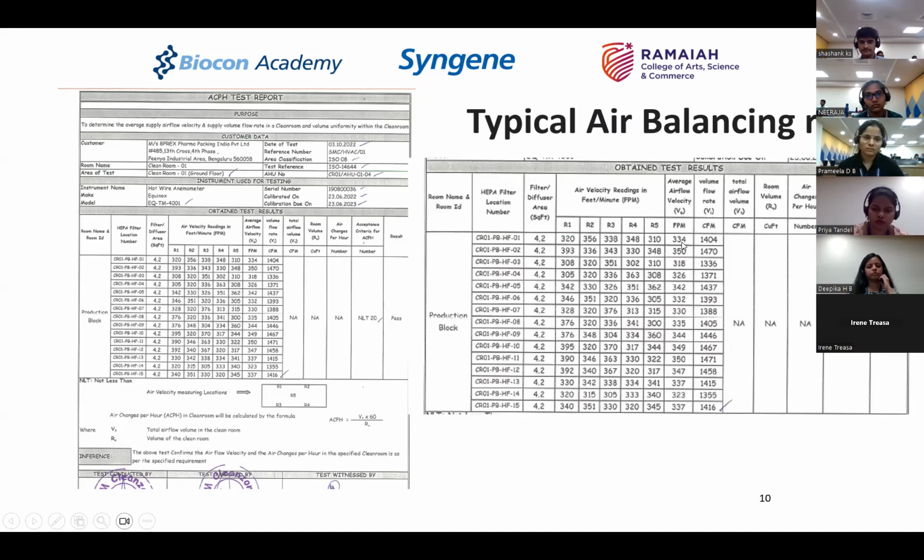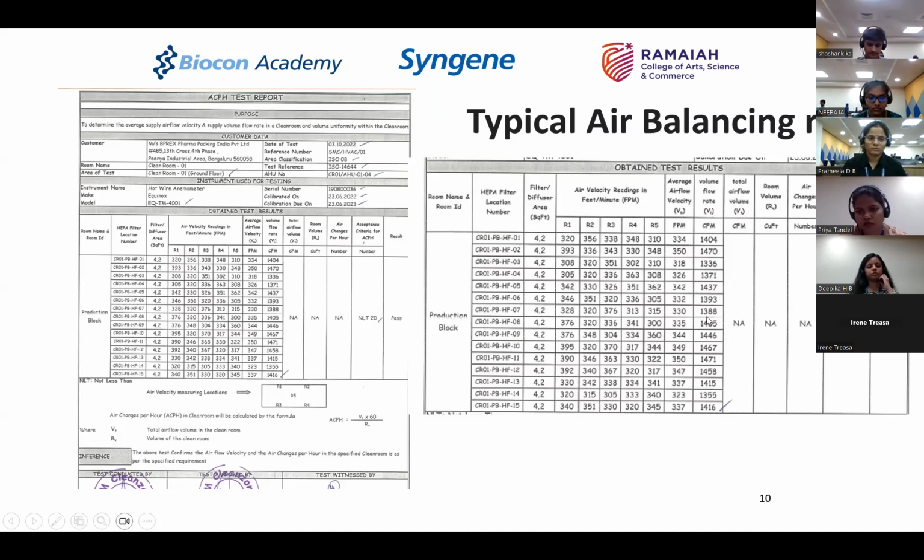When you have the velocity, you know the area of the filter. Volume is equal to area into velocity, and thereby finally they will get the CFM per filter.